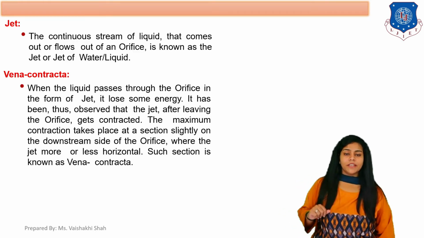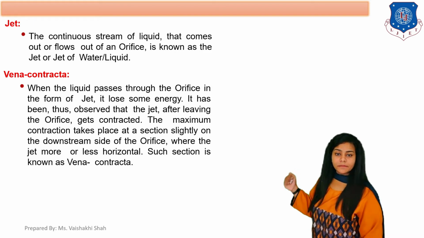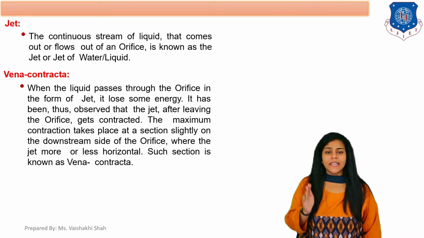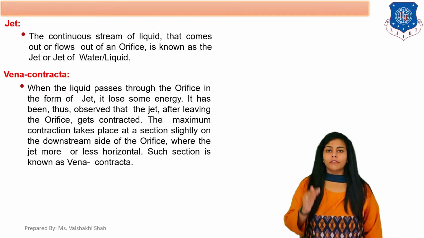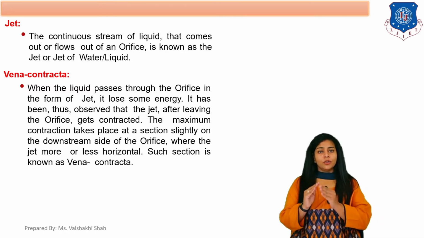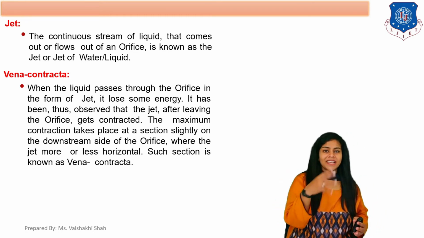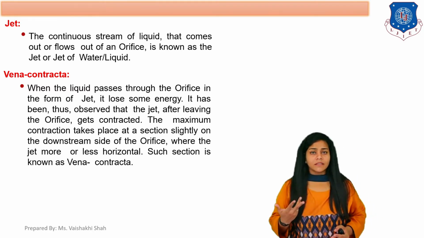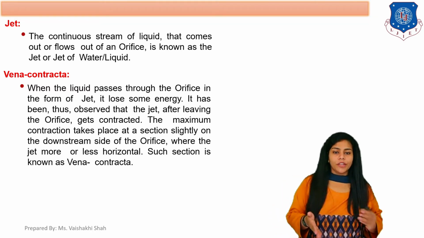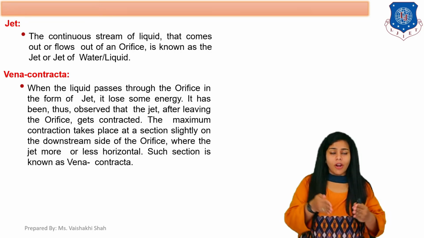So our next definition is vena contracta. As the definition says, when the liquid passes through the orifice in the form of a jet, it loses some energy, and it is observed that after leaving the orifice, the jet gets contracted.